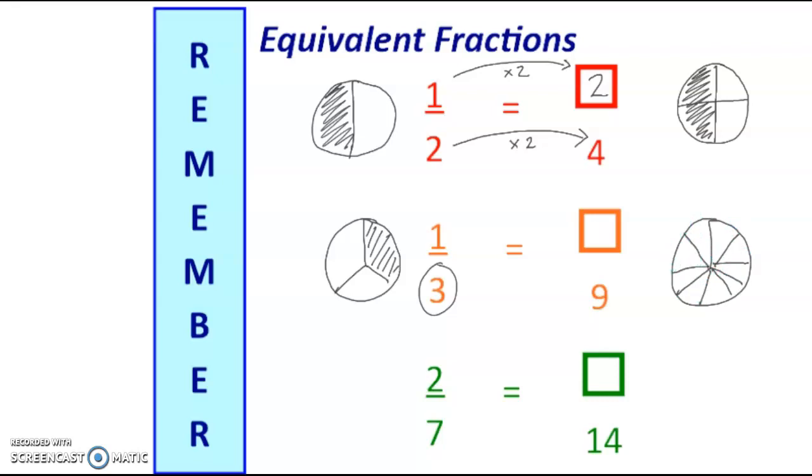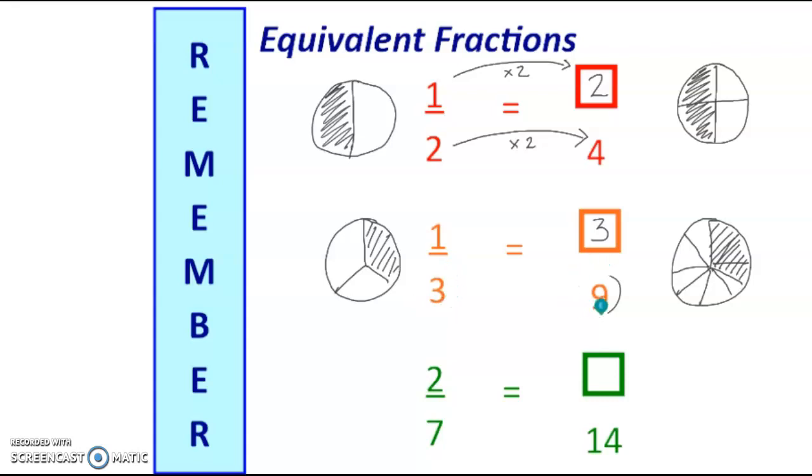And if I was to shade in the same amount of that diagram, how many of those ninths have I shaded in? Yeah, I've shaded in 3 of them. So again, that's the diagram way of working out that equivalent fraction.